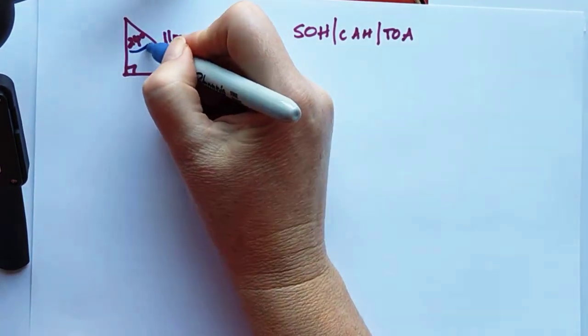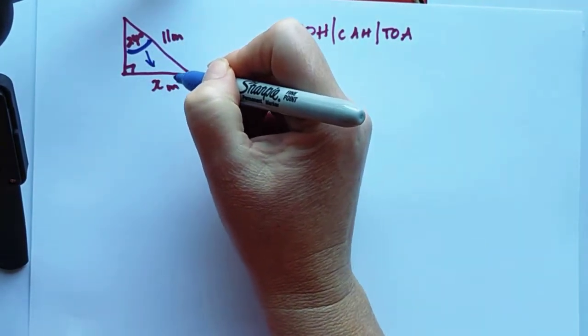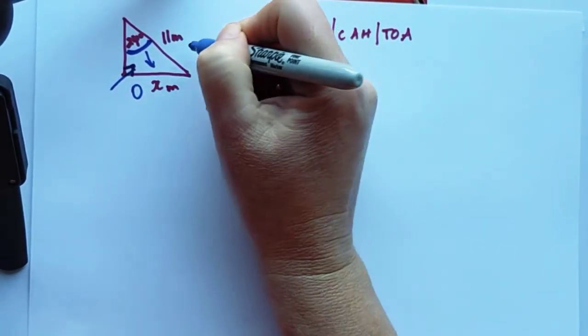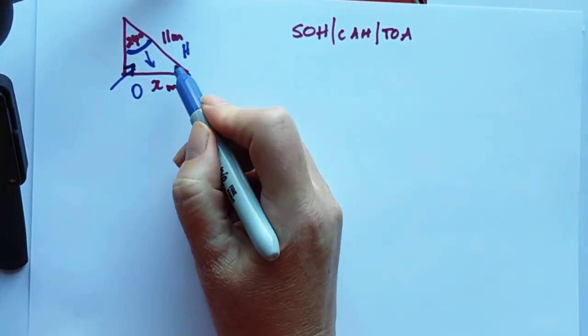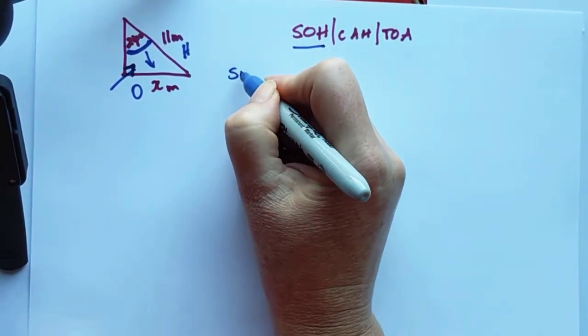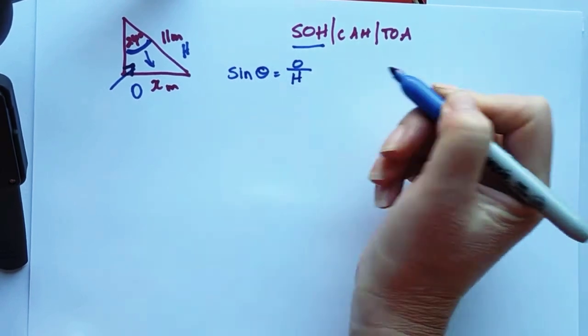Here is our marked angle, the angle they gave us information from. We go across from there to get our opposite side, and we check out the hypotenuse. There's nothing on this side. So we've been given an opposite side and a hypotenuse, which means we're going to use the sine rule. So we write it. Sine theta is opposite over hypotenuse.